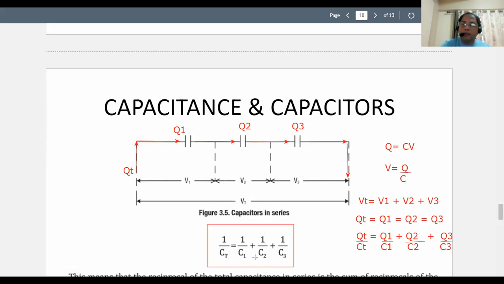And after that, you'll get its reciprocal again. So that's how we get the value of our total capacitance. It's the reciprocal value. So please take note of the distinction, or the difference, of our expression from our parallel connection. So this is for series connection.